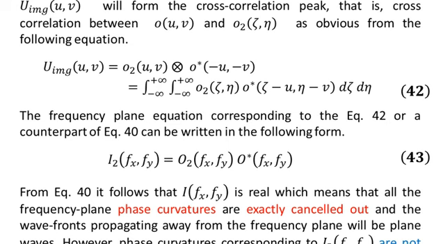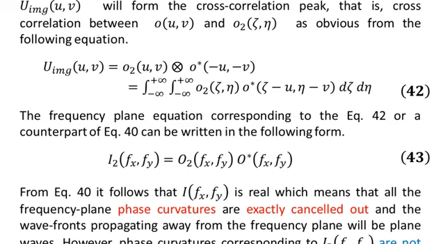On the right hand side we have the spectrum of O2, which is capital O2 at fx, fy, multiplied with the spectrum of O conjugate, which is capital O conjugate at fx, fy. So this is equation number 43.